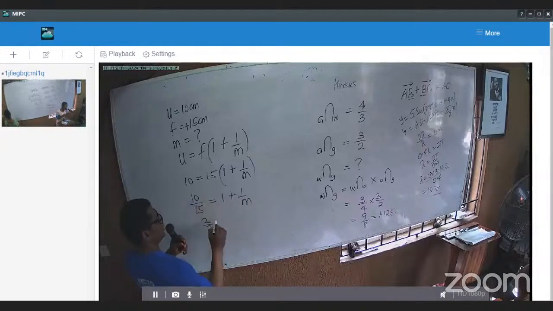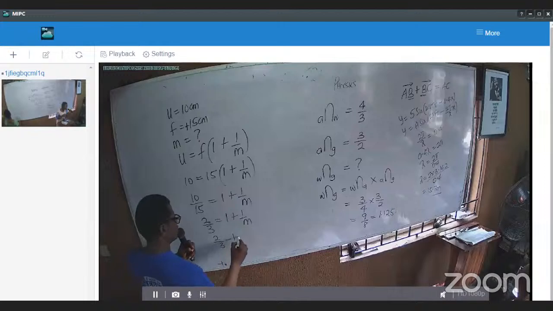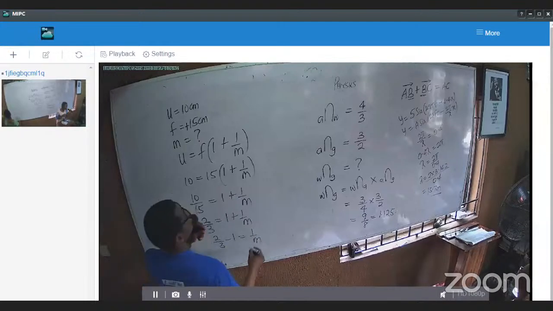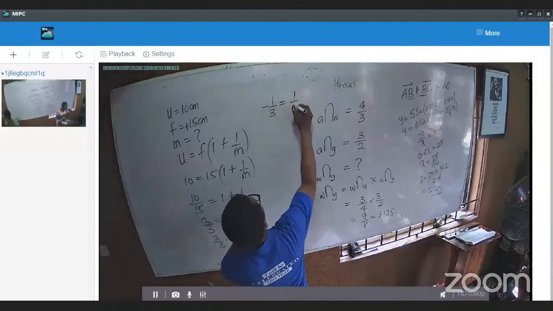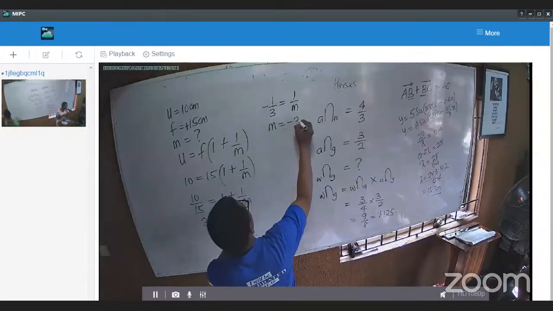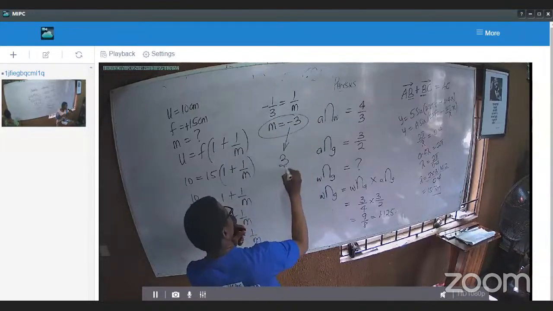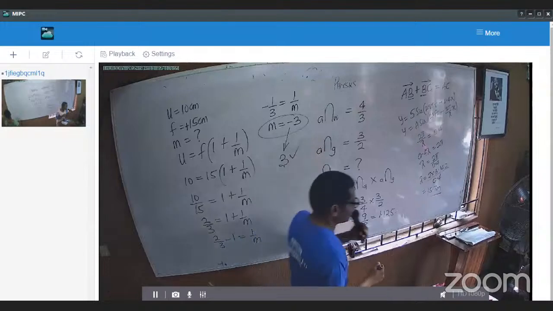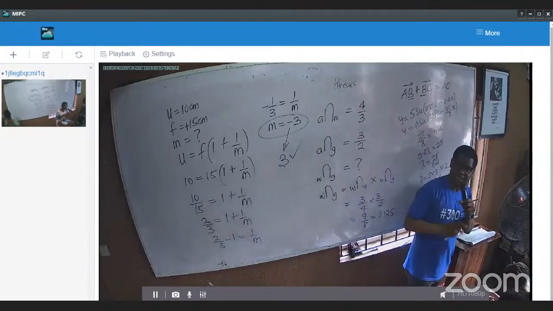Equals 1 plus 1 over M. 2 over 3 minus 1 equals 1 over M. What's 2 over 3 minus 1? Minus 1 third equals 1 over M. M is minus 3. That's the answer. But you don't see minus 3 in the exam. What do you see? 3. You now pick 3. Who got 3? Anybody?